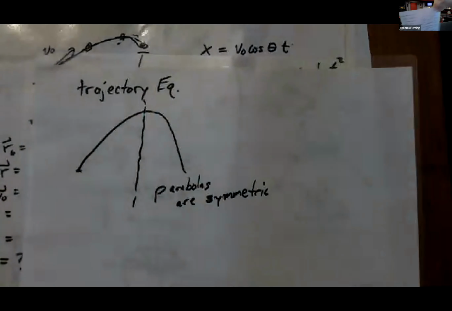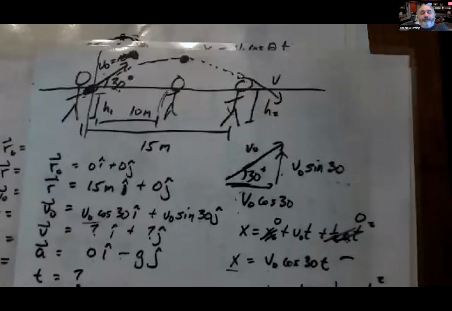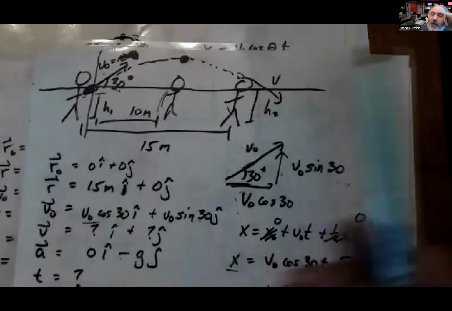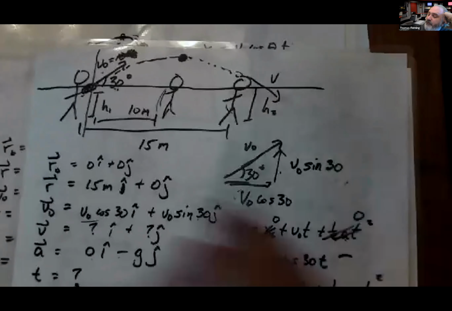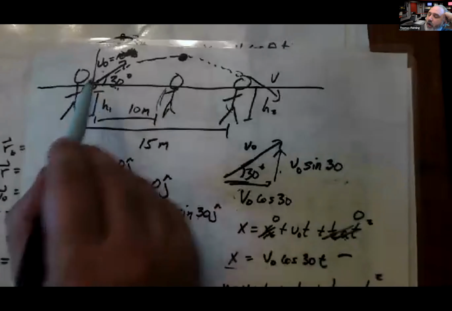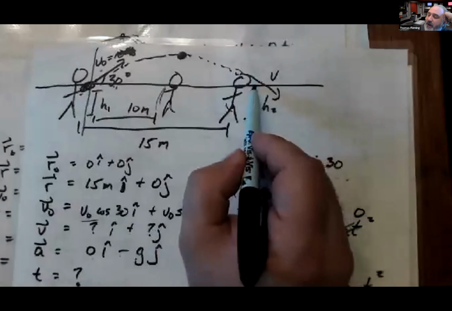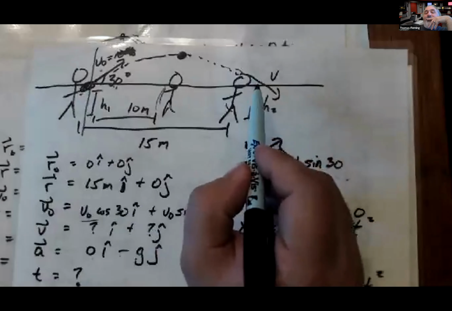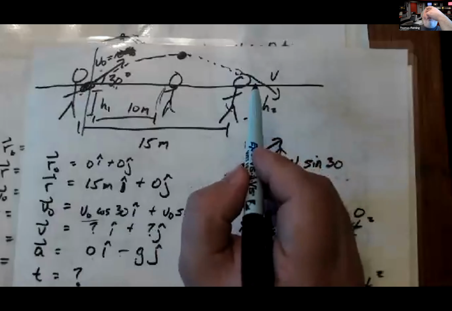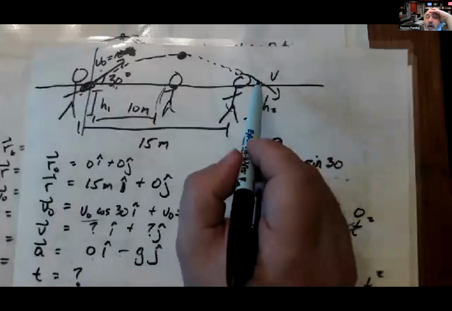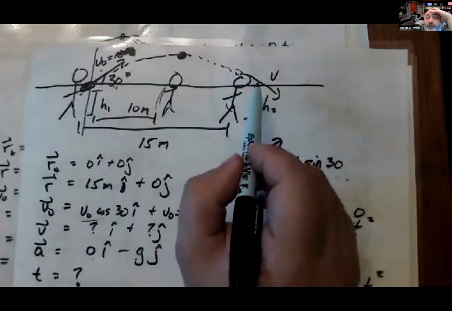Let's go back to that Dak Prescott question for a second. In this problem, Dak threw the ball. It got caught by some guy at the exact same height, 15 meters away. Now, where is that ball going to be at its highest point?